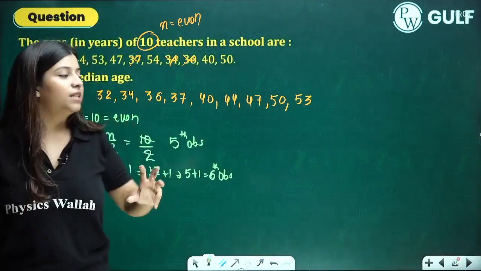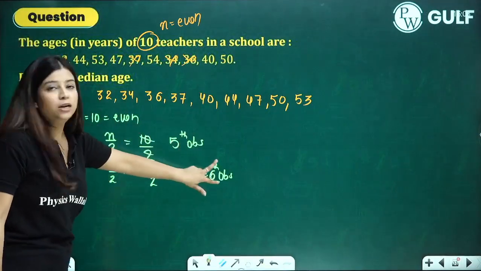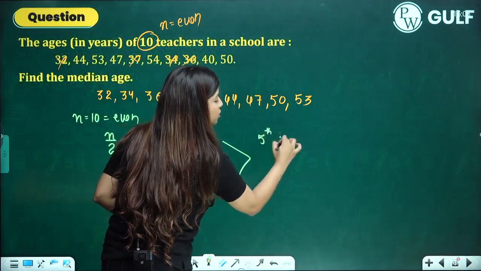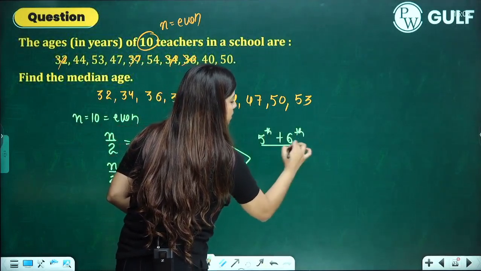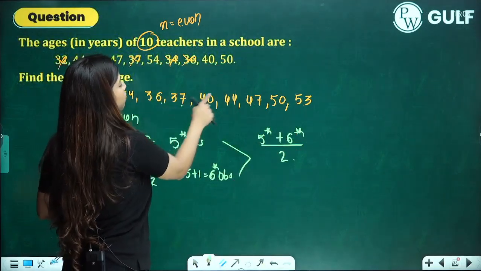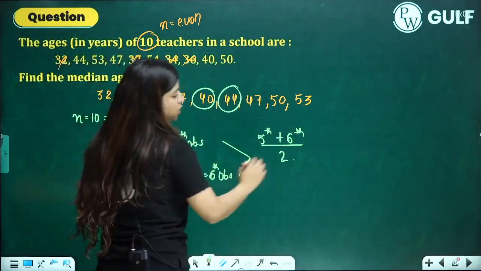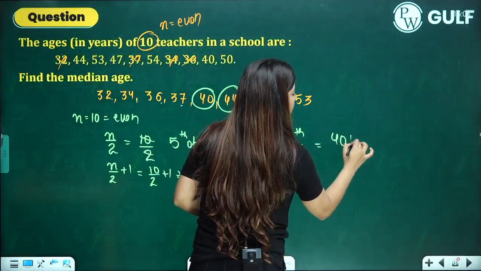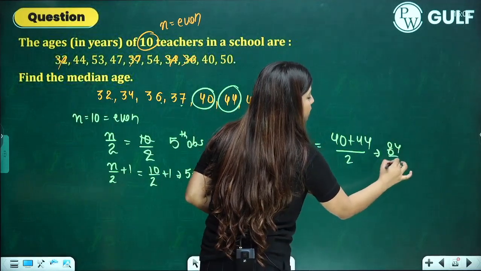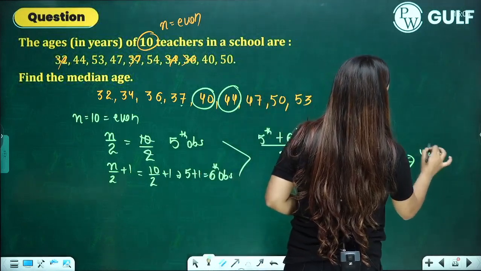Now what we have to do is add both of them and divide by 2. That means the 5th observation is 40 and the 6th observation is 44. 40 plus 44 divided by 2, 84 by 2, which is equal to 42.